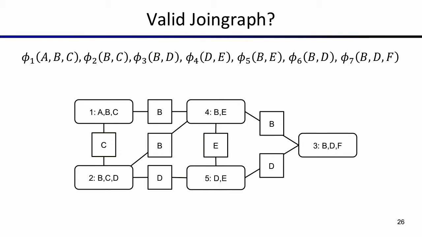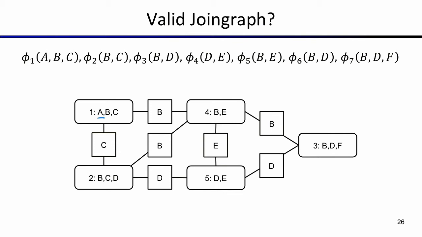So this is one example of a valid join graph, and a simple way to check that is to look if the variables in the nodes and separators form a tree. If they form a tree, you are fine, right? What I mean by that is that, for instance, we take the variable a and see in which other clusters and separators a is occurring.